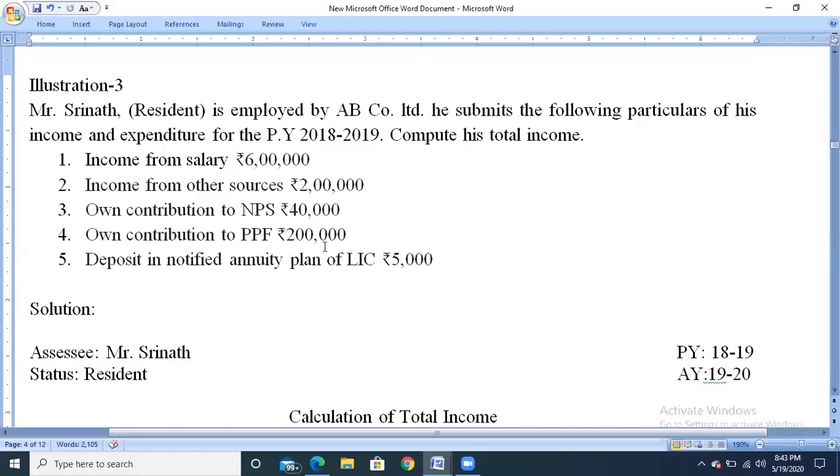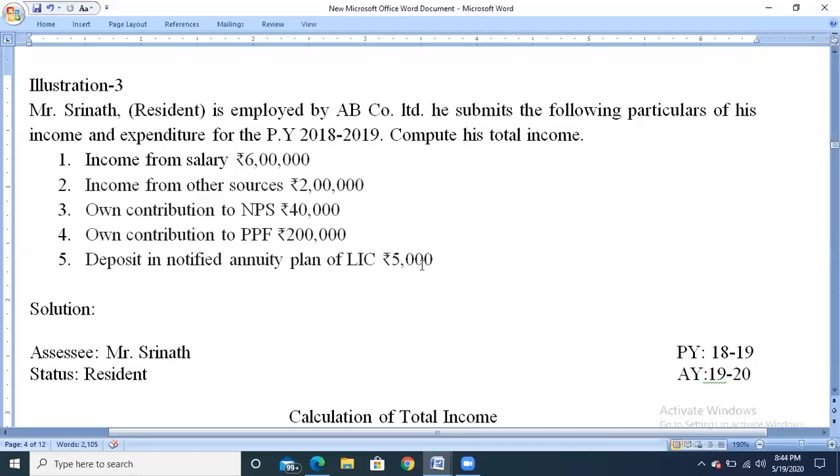Here he has contributed 2 lakh rupees, but the maximum we can claim is 1,50,000. Next, deposited in notified annuity plan of LIC, rupees 5,000. So this one can be claimed as deduction under section 80CCC.